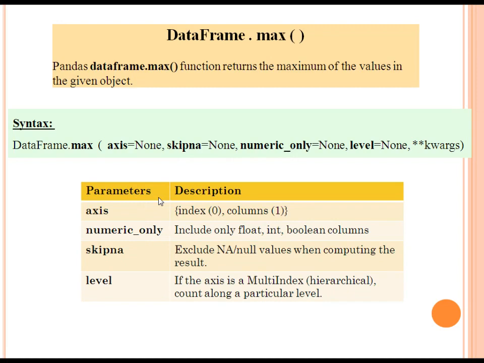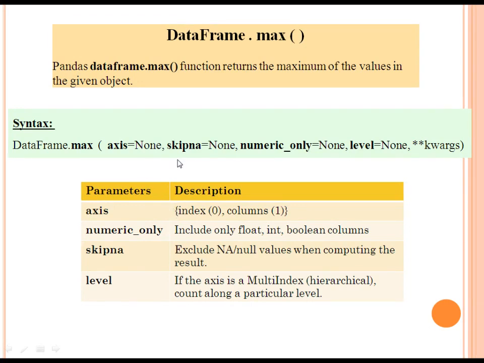Now see the first function, dataframe.max. As the name goes, the max function is used to find the maximum of the values in the given object. Of course we have 2 different axes, so we have to find the maximum accordingly.